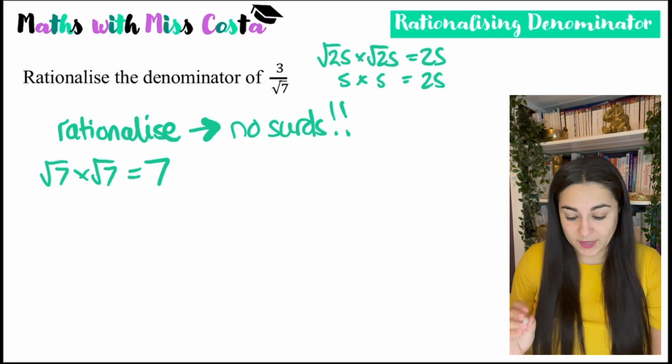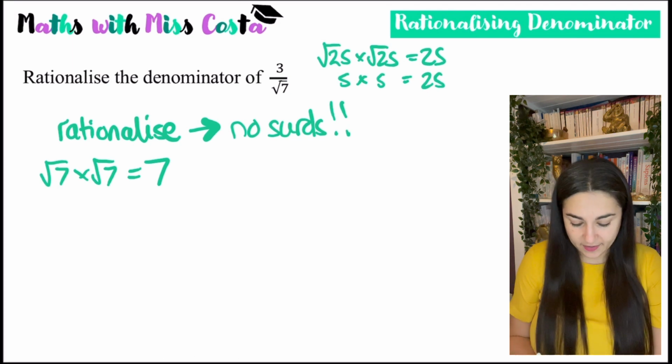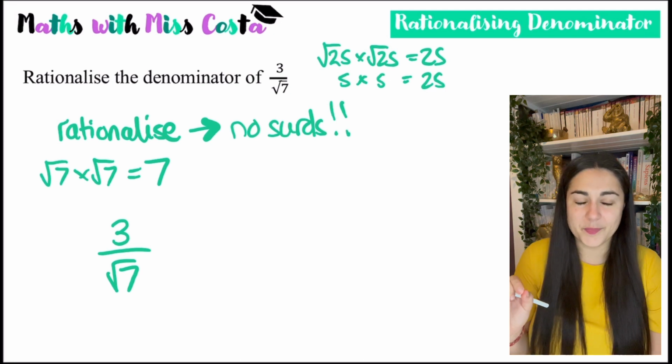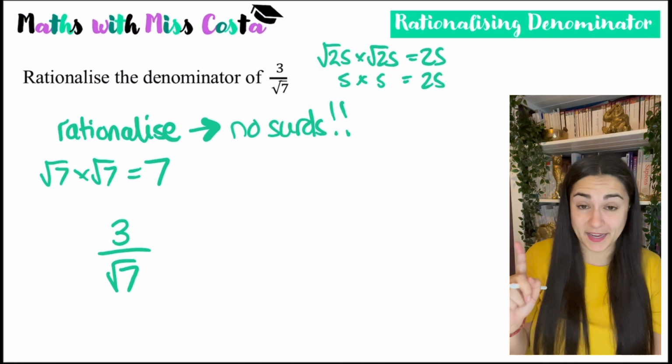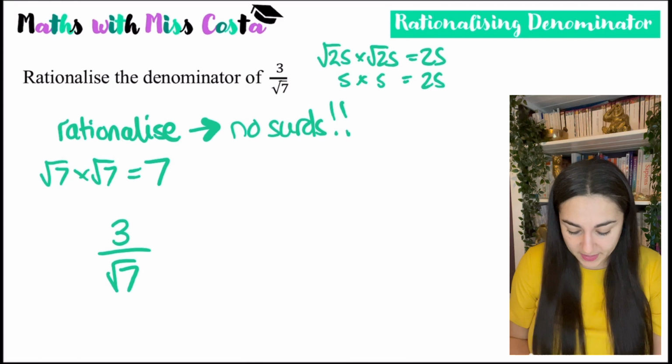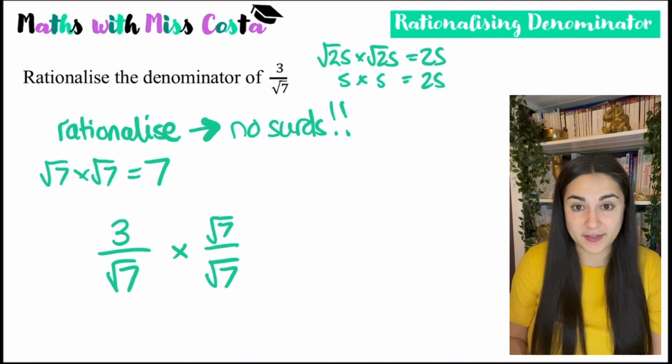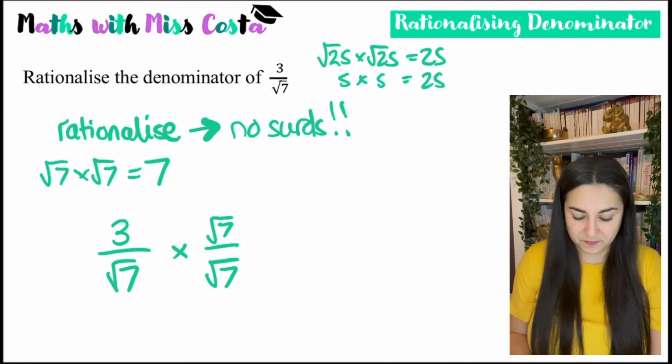So what I can do in order to rationalise the denominator, I just multiply the whole fraction by the denominator if this is a single surd on the denominator. So for now, let's just stick with that. So I'm just going to multiply everything by root 7. And the reason I do this is because I have to keep the fraction equivalent. So if I just multiplied the denominator by root 7, that would change the value of the fraction.